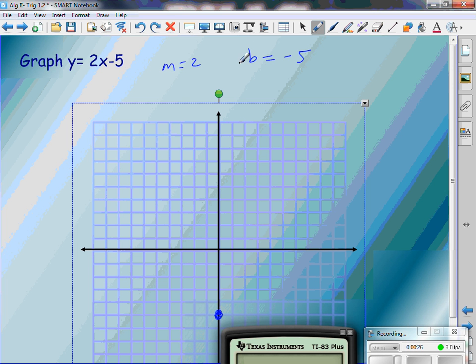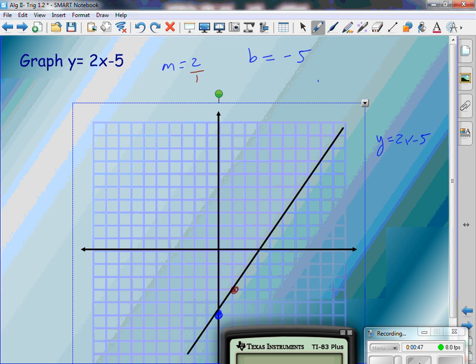This slope actually means 2 over 1, which means I must rise 2 from that point and run over 1. We drew our line, we labeled, and then the bell rang. This should be the last thing in your notes from yesterday.